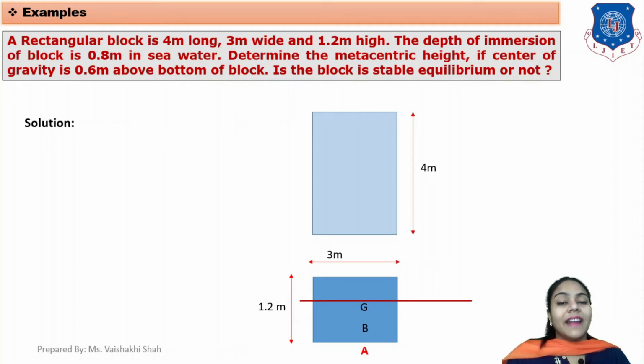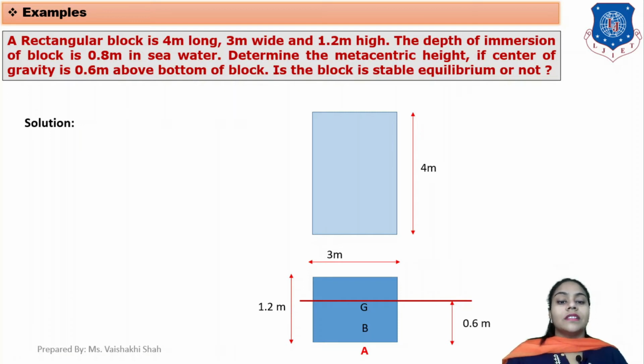Now in a rectangular body, at which point is the center of gravity? It is at h by 2 or d by 2. So in this rectangular diagram, the distance from bottom to center of gravity is 0.6 meter.